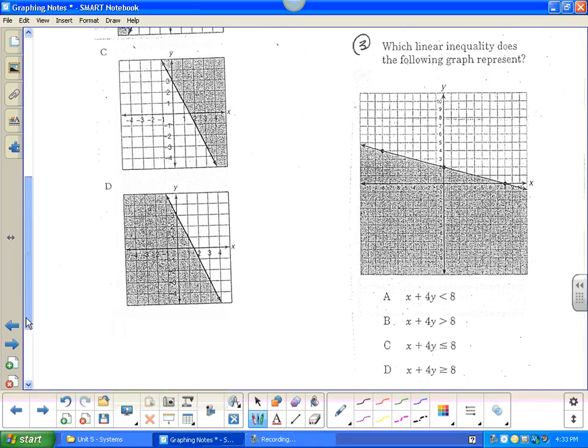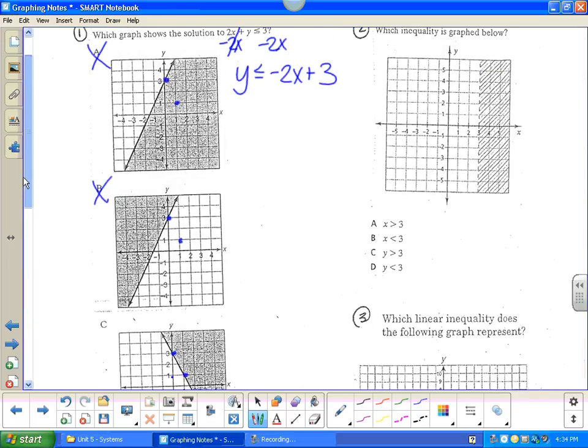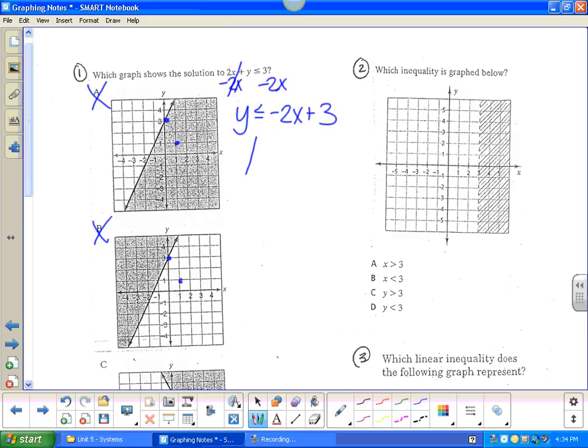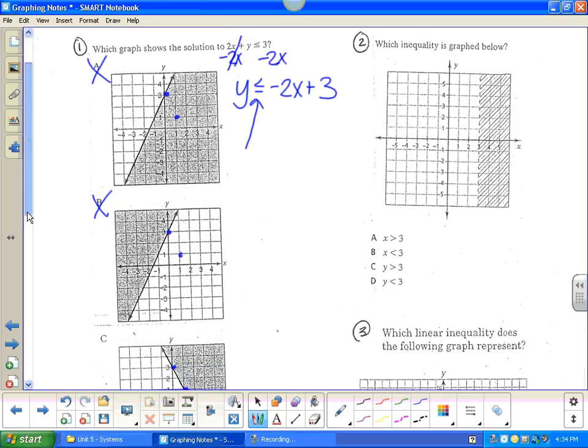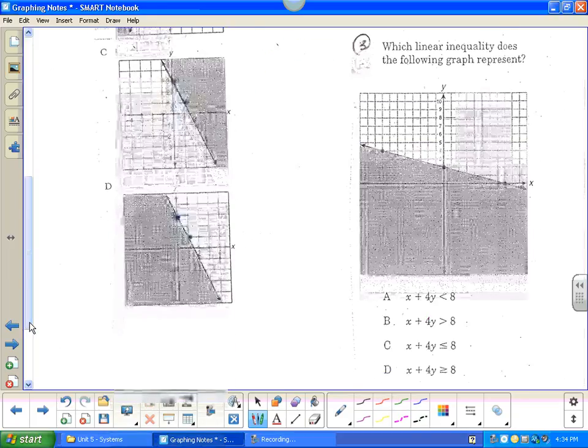So let's look at C and D. Both of them go up to 3, and both of them go down 2, right 1. The difference between C and D is which way they are shaded. If I look at my original problem, it's less than, and less than means shade down. So the answer will be D.